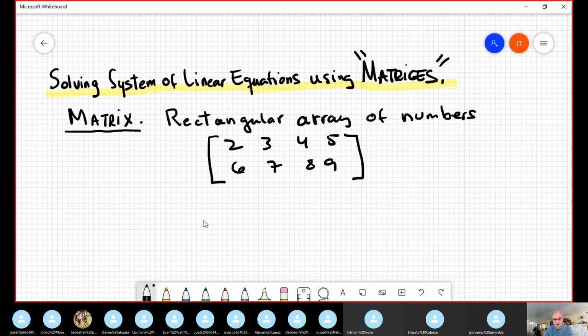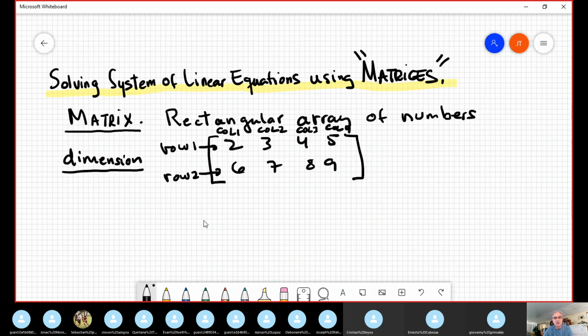And the most important parameter of the matrix is the dimension. Look, this matrix contains 2 rows. Row 1 is this row, row 2 is this row. And 1, 2, 3, 4 columns: column 1, column 2, column 3, and column 4.